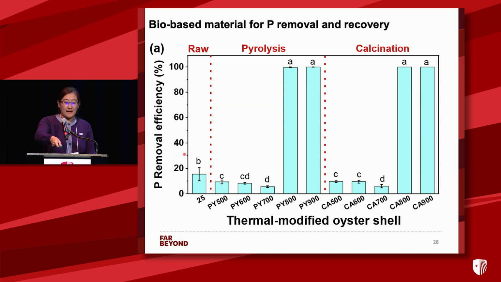But if we apply pyrolysis, which means you increase the temperature to about 500 degrees Celsius without oxygen, whereas calcination is much simpler, you can have oxygen during this thermal modification. Actually, with 800 to 900 degrees Celsius, the modified biochar can remove almost 95 to 98% of the phosphorus, which makes it a very promising product for us to integrate into our on-site treatment systems.